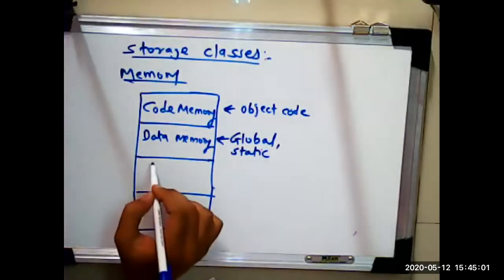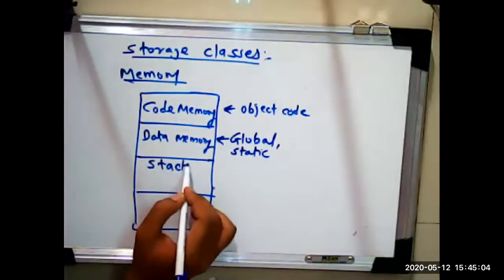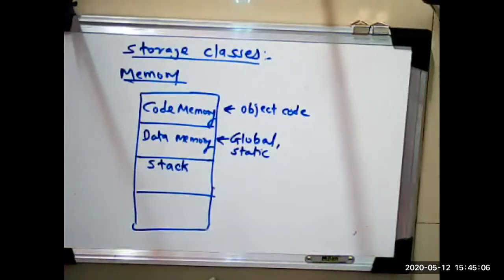The next type of memory is the stack memory. It is the most useful memory. If you do not have the stack memory, your program can't run, because your first function, called the main function, is loaded into the stack memory. We have already seen, while learning recursion, that all the function calls are resolved with the help of the stack memory. That's why stack memory plays a very vital role while running your program.